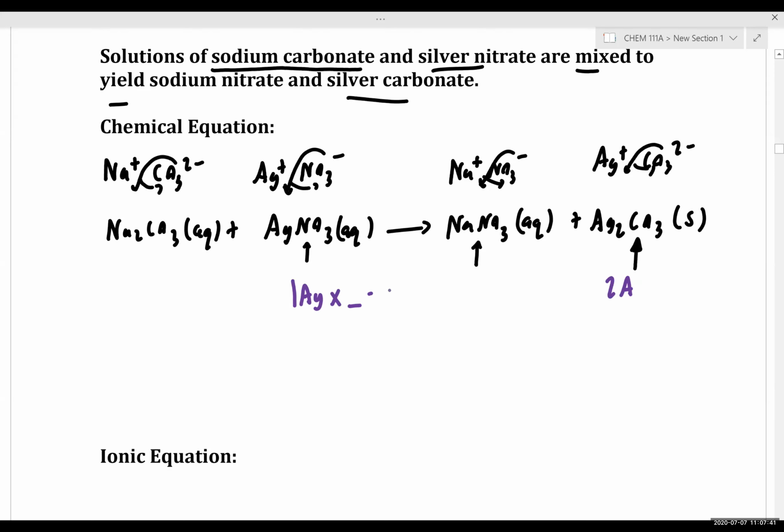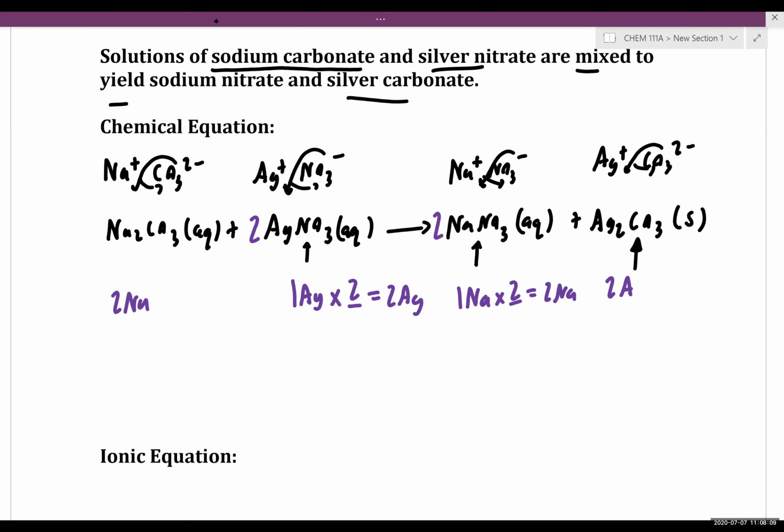So 1 times what would give us 2 silvers? What coefficient do we need for silver nitrate? 2, yep. We also know that we have 1 sodium on the right and we have 2 sodiums on the left. So 1 times what would give us 2 sodium atoms? Again, a coefficient of 2.